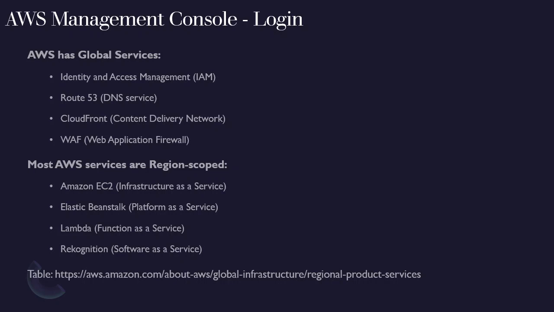When you configure an Amazon EC2, which is Elastic Compute Cloud infrastructure as a service, in CA Central, it is accessible only in CA Central. You cannot access this resource from outside CA Central. That's called region-specific services. Some region-specific services are EC2, Elastic Beanstalk, Lambda, and Rekognition.